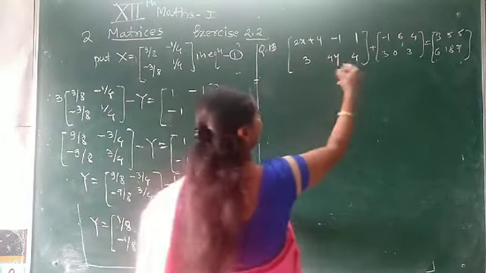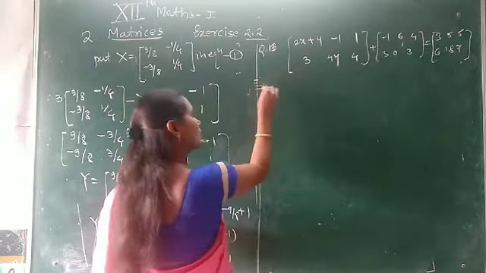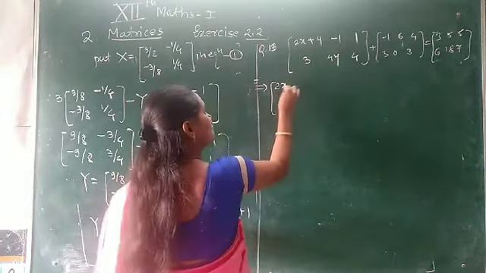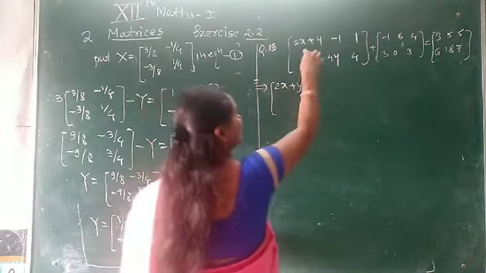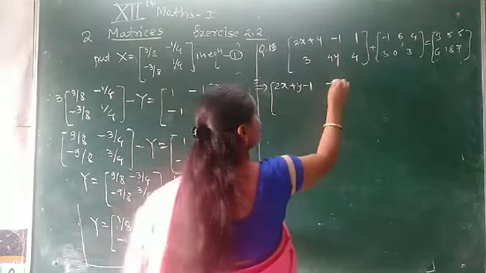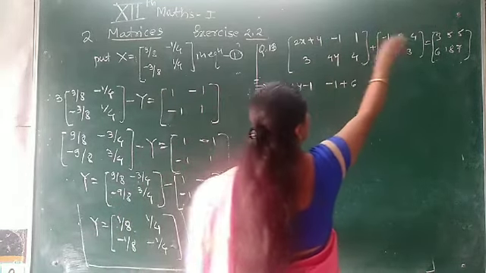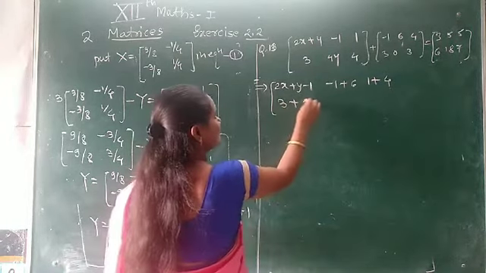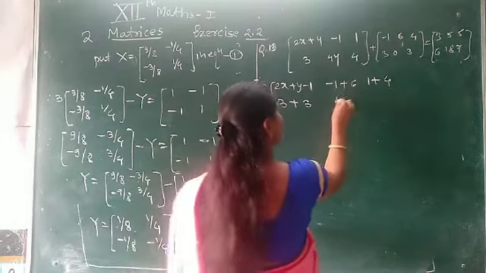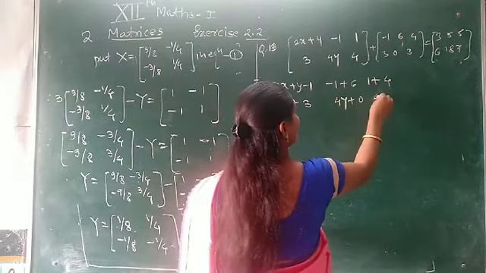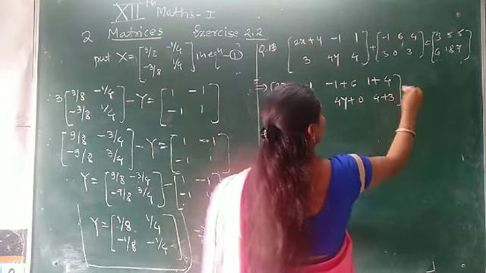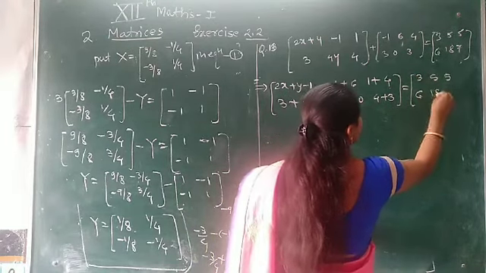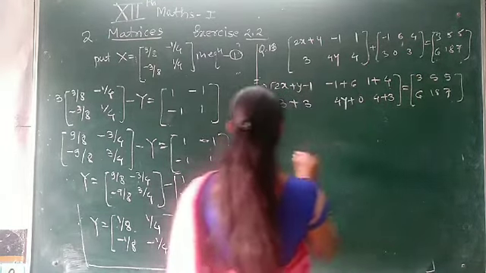On the right side there is addition of these two matrices. So first we add these two matrices, that is 2x plus y minus 1, adding corresponding elements. Next minus 1 plus 6 and 1 plus 4, 3 plus 3, 4y plus 0 and 4 plus 3 is equal to, write this matrix as it is, 3 5 5 6 18 7.